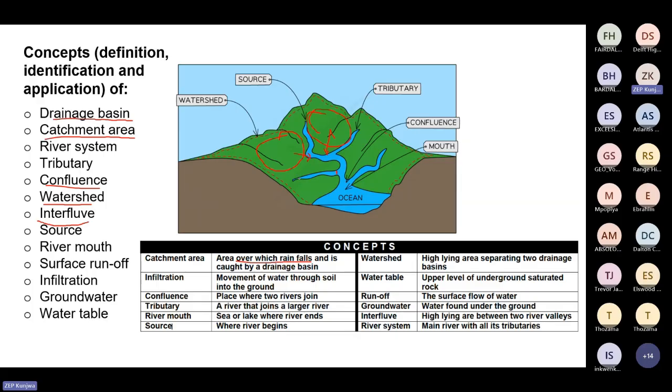It is separating two streams within the same drainage basin. Remember, do not confuse the interflow and the watershed. The watershed divides two drainage basins, but the interflow separates two streams within the same drainage basin.